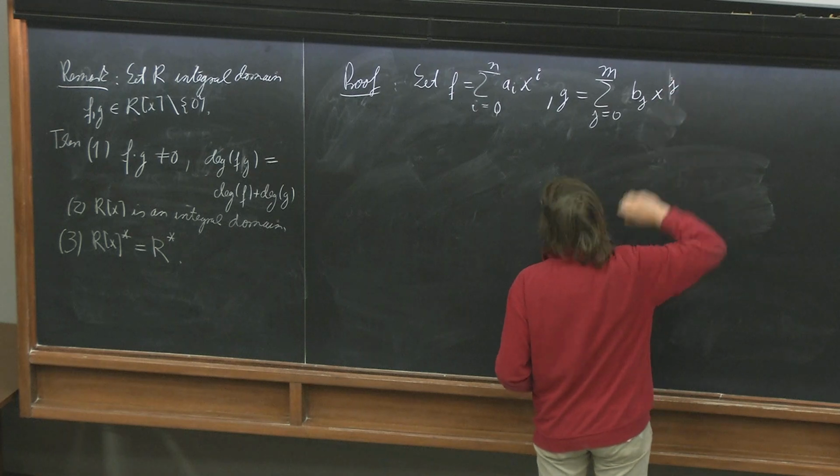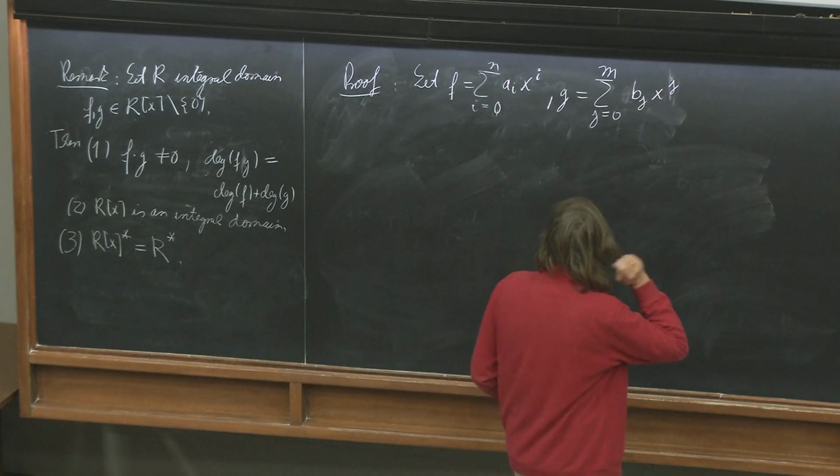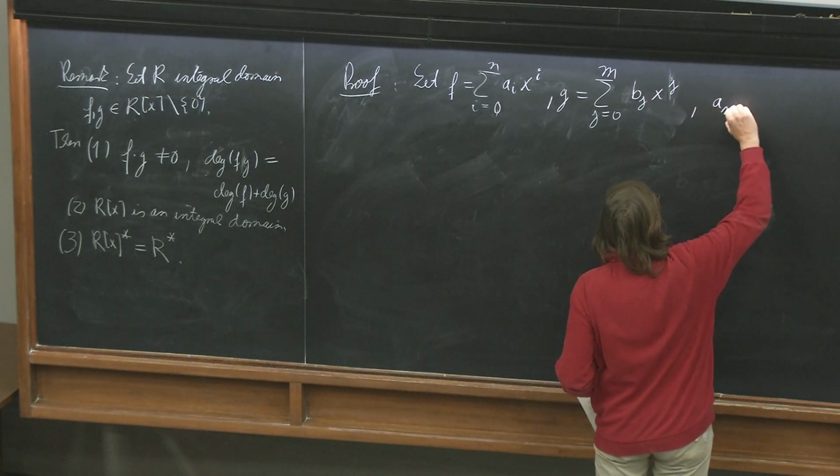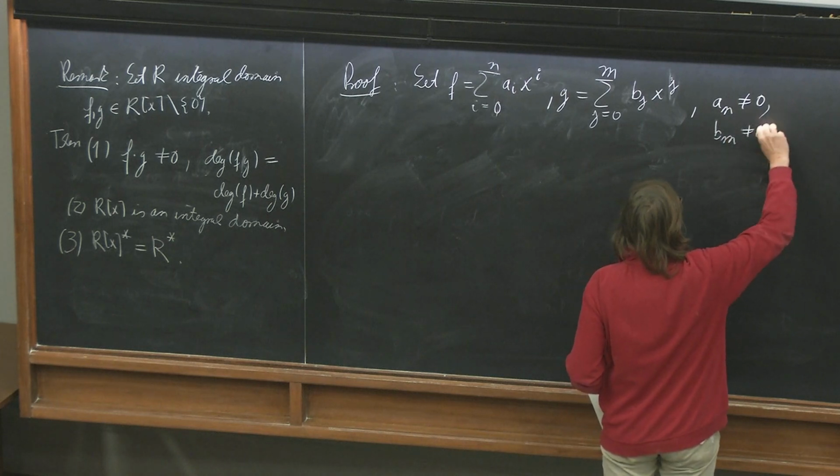I want the degree of f to be n and that of g to be m, so we have a_n different from 0 and b_m different from 0.